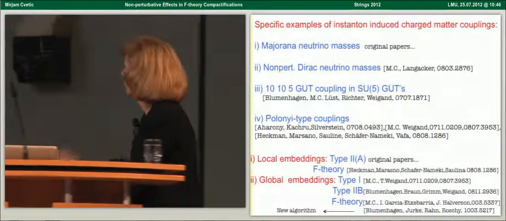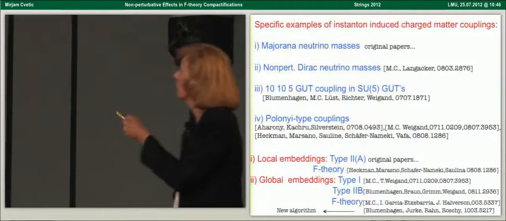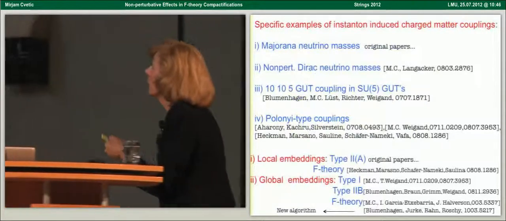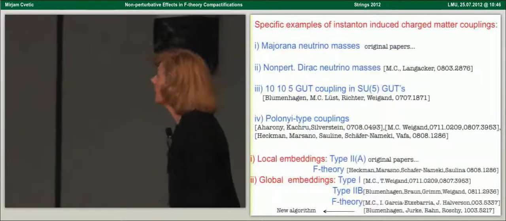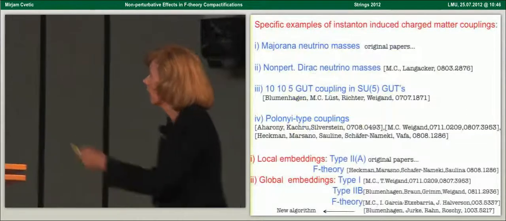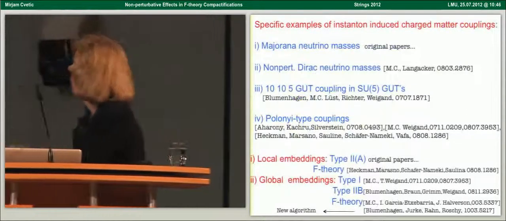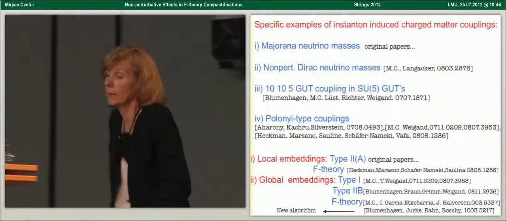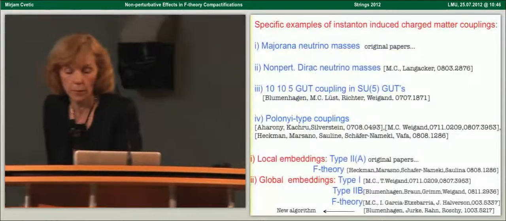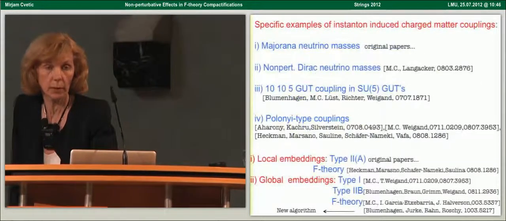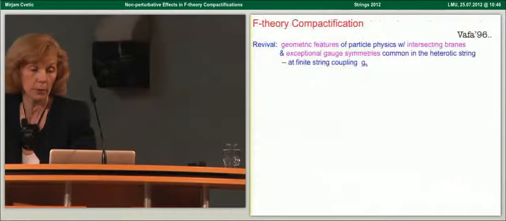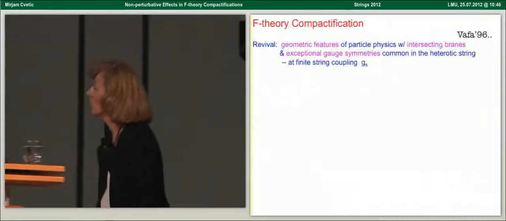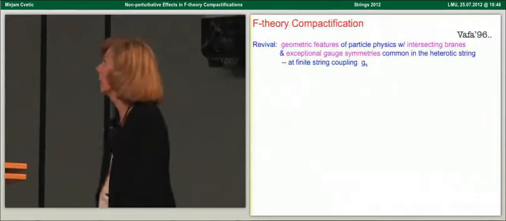And actually the concrete calculation or demonstration of this effect was originally presented in local embeddings, but further work also promoted the study of such charged sector instantons with global embeddings, all the way to F-theory, with the byproduct that a new algorithm for calculations of zero modes on toric varieties was developed, very useful in general for string compactification. Well, anyway, this was sort of more going to the sideline.